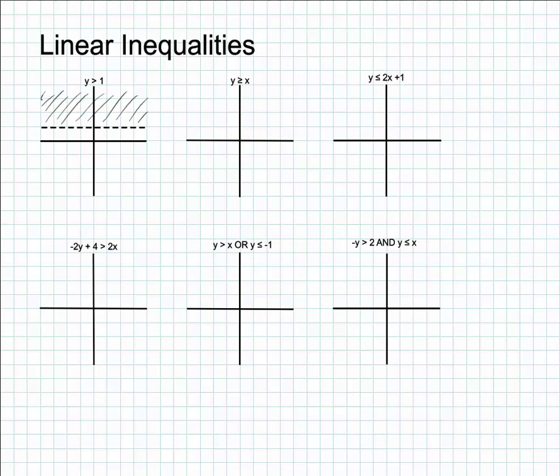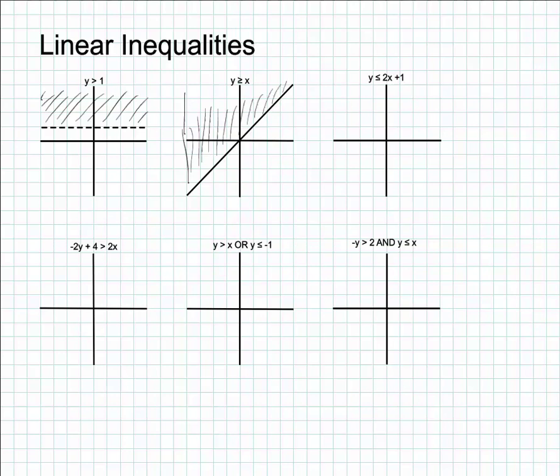Let's move on to the second example, y is greater than or equal to x. Because we have greater than or equal to, we can actually use a solid line. And we know that y is equal to x looks like this if this were a linear equation. Because we are greater than or equal to, we can shade in anything above the line, and any of those values will satisfy the inequality here.